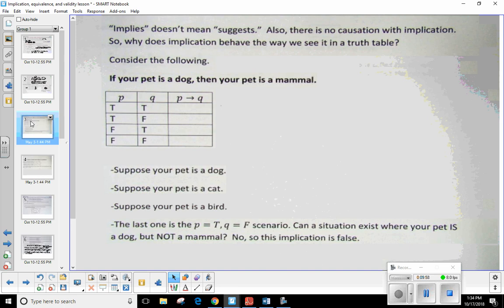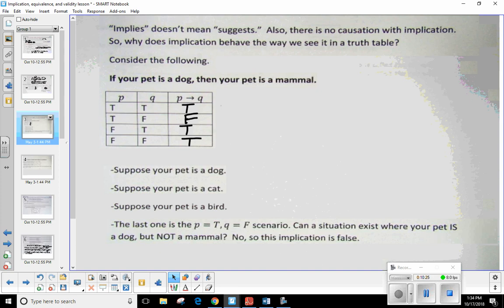Again, implies doesn't mean suggests. There's also no causation with implication. So why does implication behave the way we see it in the truth table? Out of all of these, true, true, true, false, false, true, false, false, the only one that's false is true, false. This is the only one that we have to look out for with implication. The rest of these are always going to be true.